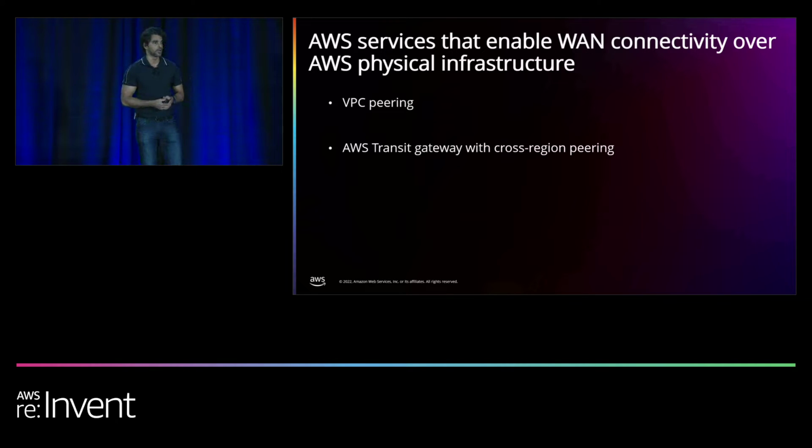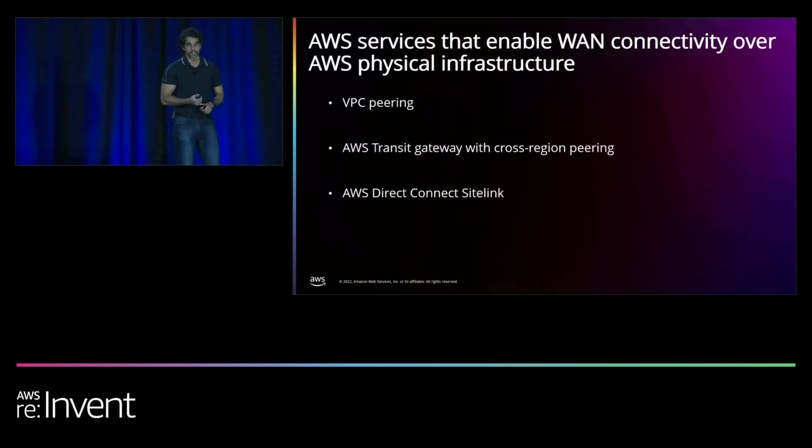Now, if your global presence is limited, or if your route segmentation and route sharing across regions in a global way is pretty straightforward, not very complex, then Transit Gateway is a great way to get started and build your networking on AWS. If all you want to do is connect your data centers together through a high-speed, low-latency network backbone, AWS Direct Connect SiteLink is your answer.